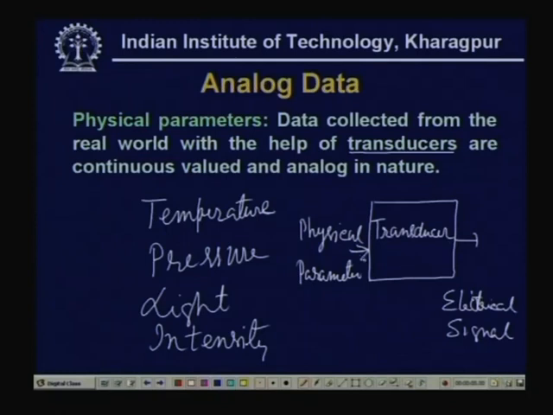And the transducer produces here an analog signal, which is an electrical signal, which is also analog in nature usually. That means we get continuous values of the electrical signal corresponding to the physical parameter on this side. It can be for any one of the parameters I have mentioned. So, these are the examples of analog data.